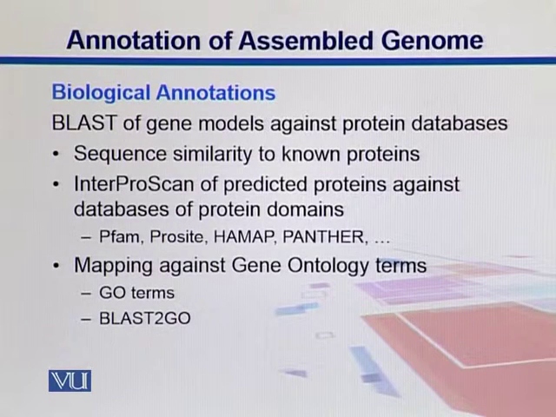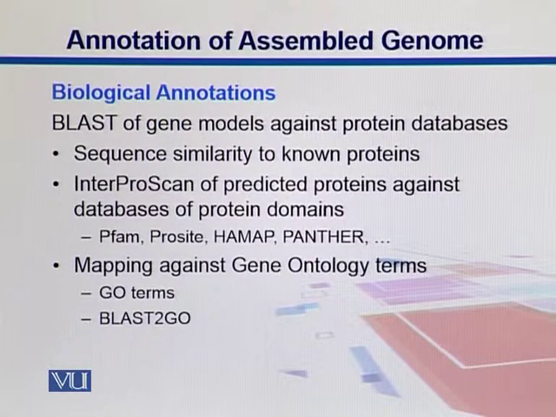In this way we can identify their proteins. An example is InterProScan, where we take the proteins and compare them, identifying different protein patterns present in those genes. In this way, we can use databases of protein domains and patterns.